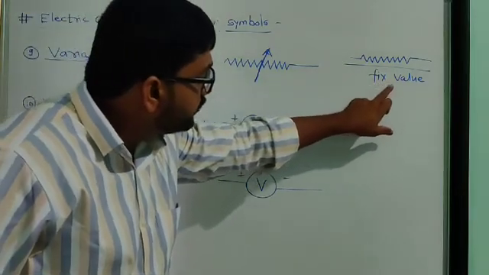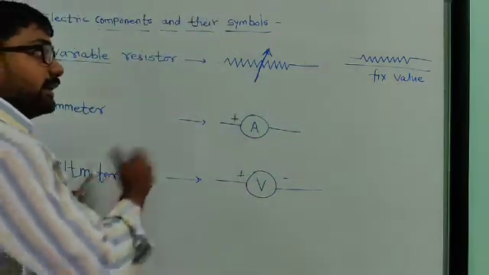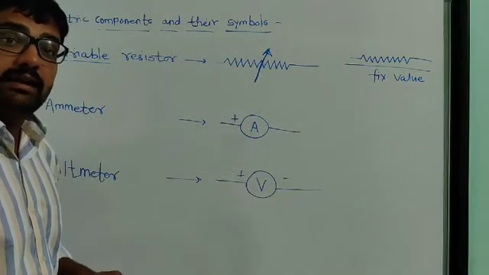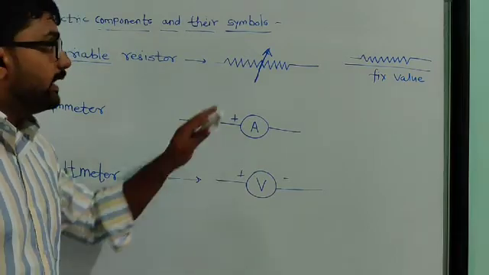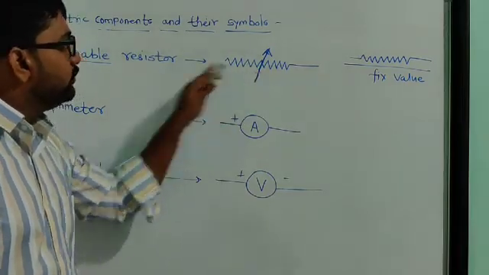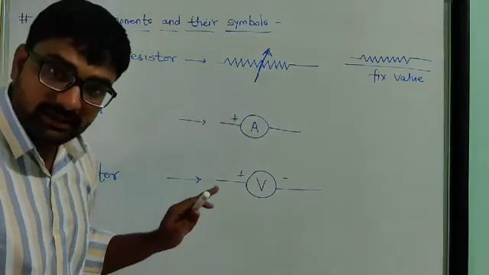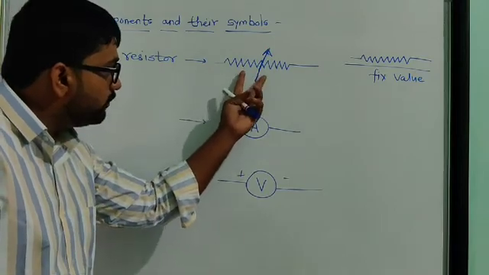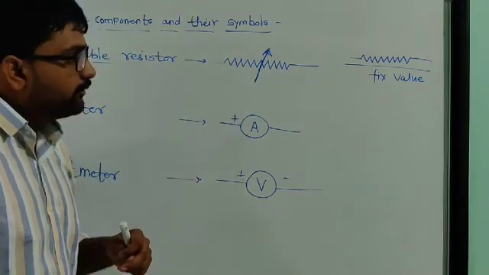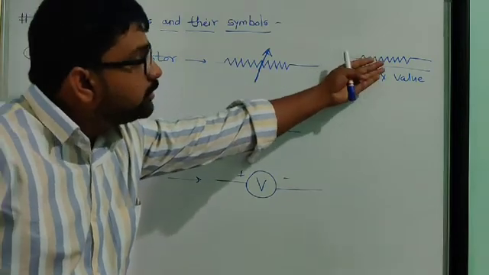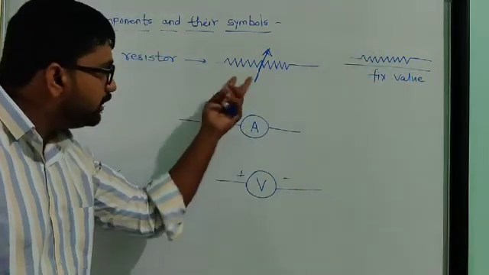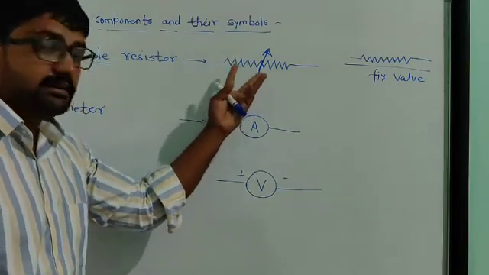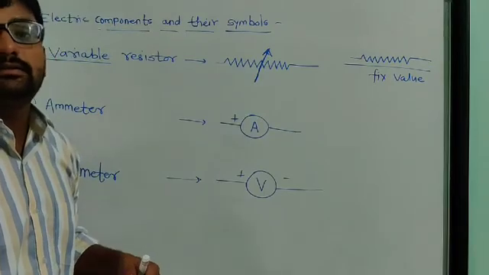A simple resistor gives us a fixed value, and if you connect this variable resistor to the circuit, we can change the value of resistance by using it. If you want to change the value here, then you have to replace this resistor, but here there is no need to replace the resistor. We can change the value of resistance by using this variable resistor.